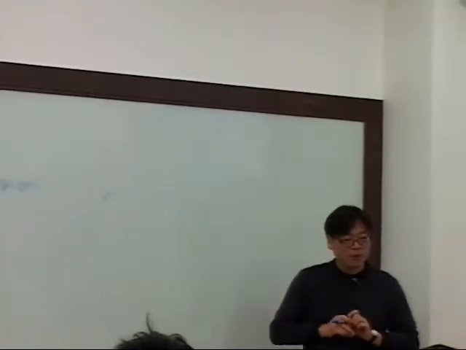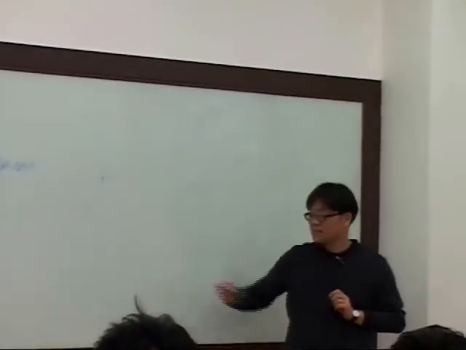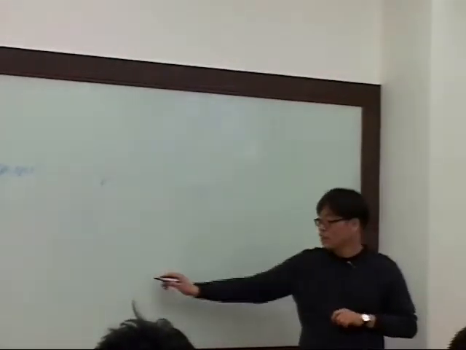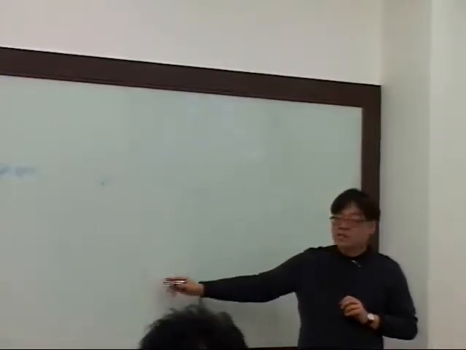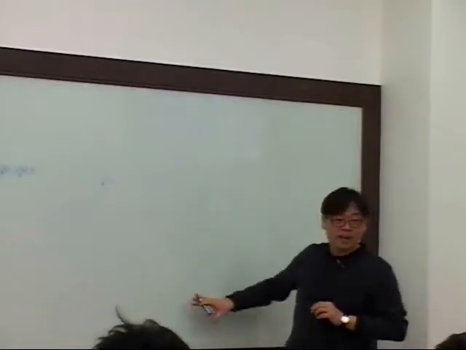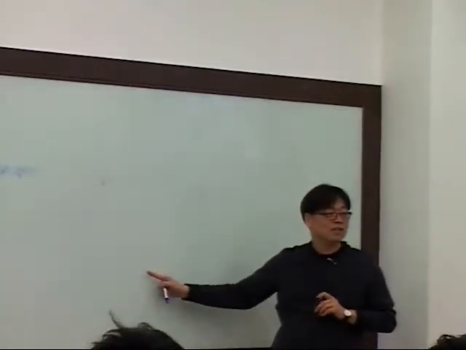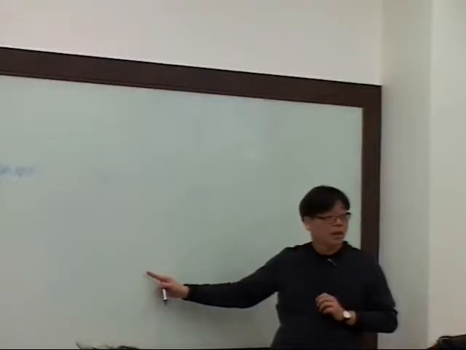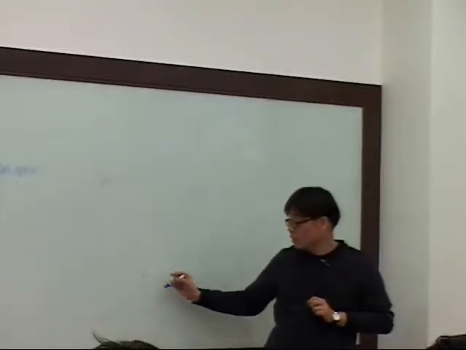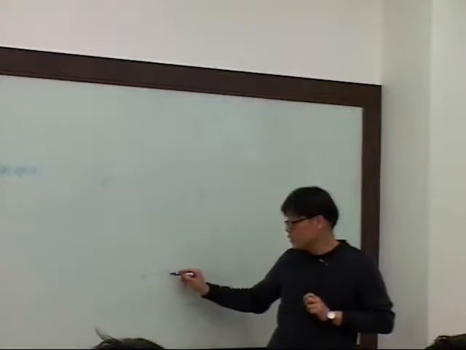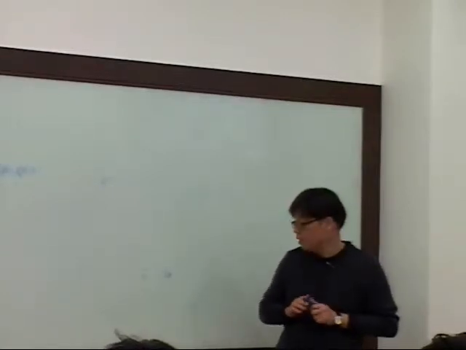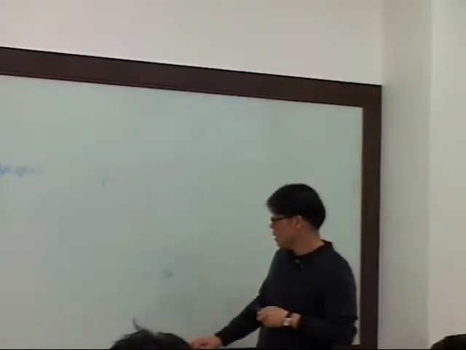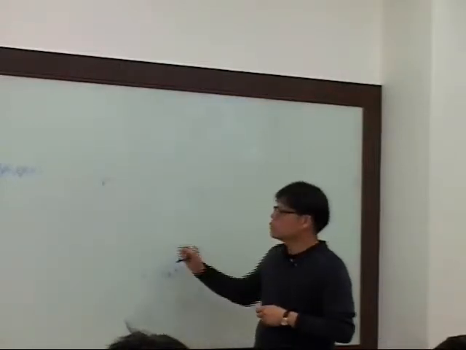Suppose I know where the fluid particle A is. Then since I know the fluid field everywhere, it's easy to find velocity of fluid particle A by just evaluating this u at this position. That's what I wrote here.